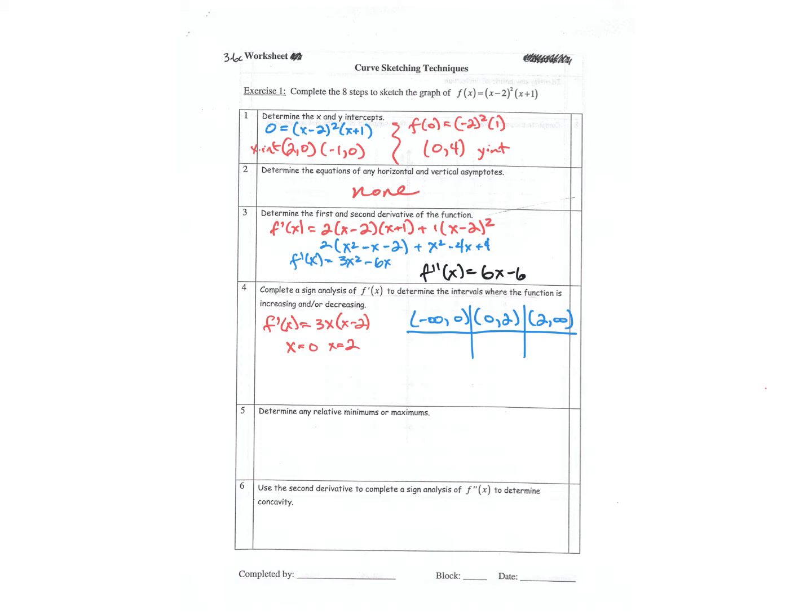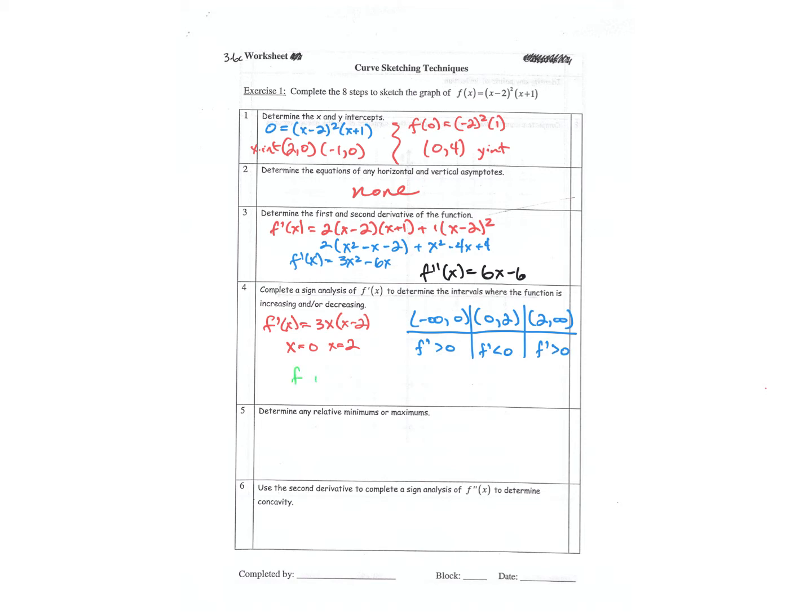So if I substitute in something between negative infinity and 0, like negative 1 sounds great, what would that give me? F prime being what? Positive. And then if I substitute in something between 0 and 2, like 1 sounds great, what would I get? A negative, so f prime would be negative. And then 2 to infinity, that would be a positive. So when is my function increasing?